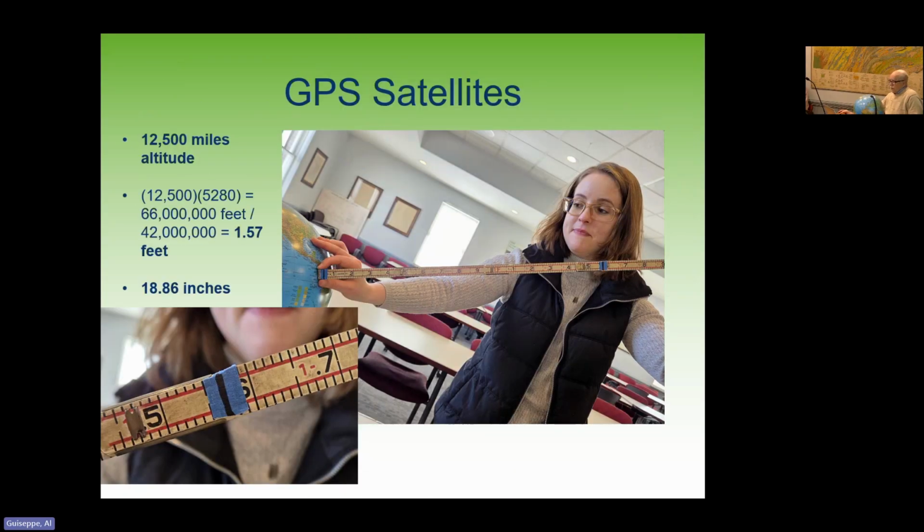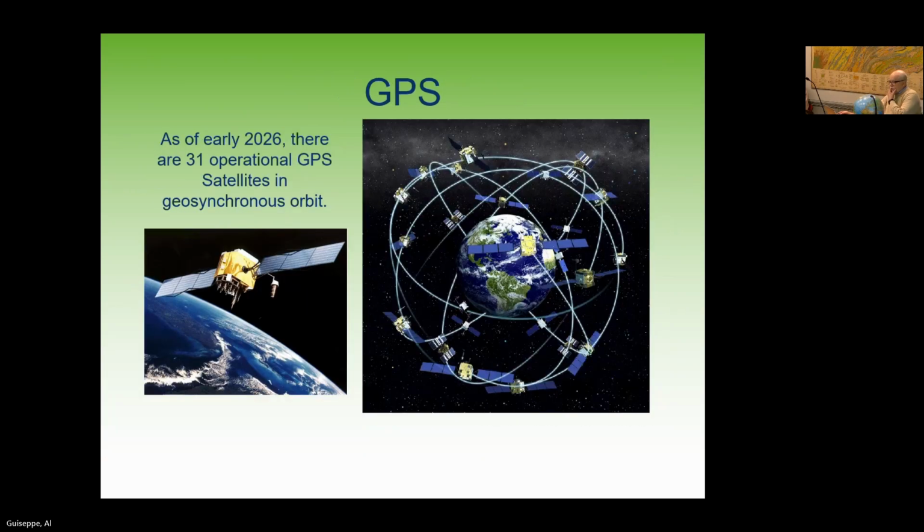Now, our favorite satellites are the GPS satellites, at 12,500 miles. At this scale, that's about 18 inches off the surface. And there are like 31 of them right now. You only need 24 to be operational, but they're in geosynchronous orbit, which means they pass over the same spot twice a day. So their period is 12 hours, whereas the International Space Station has a period of 90 minutes.